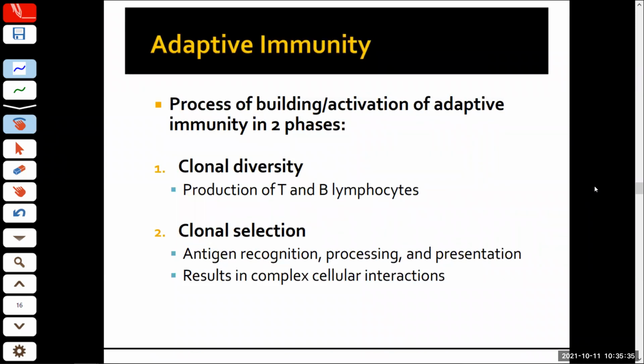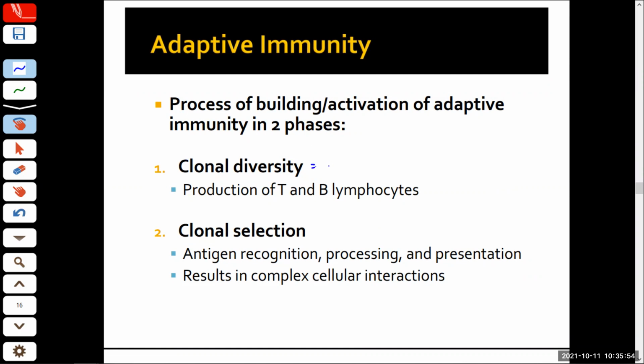Cool. So how do we make these cells, these Navy SEALs? Two steps. How do we actually build this third line of defense? Step one is clonal diversity. Diversity, different.